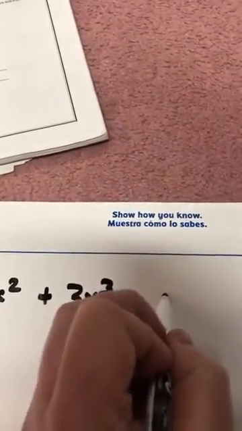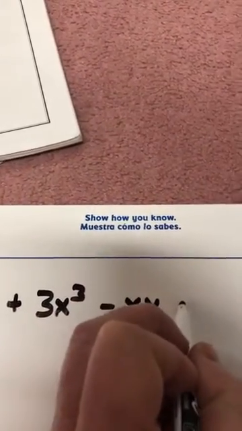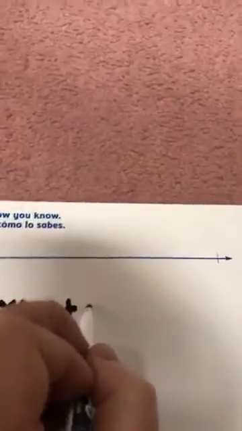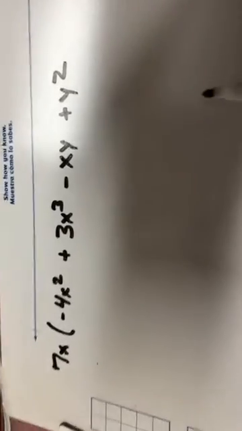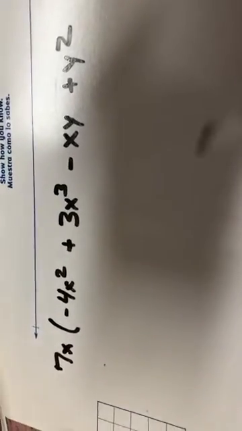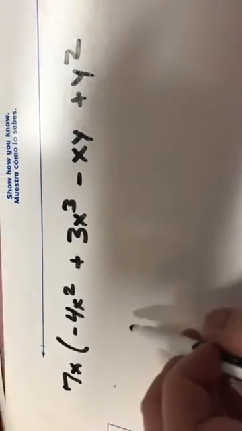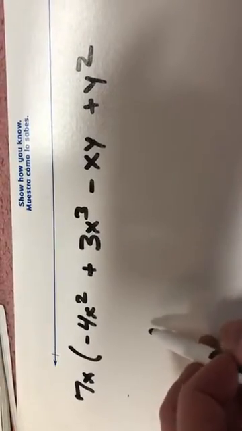Then we're going to subtract xy. Then we're going to add y to the power of 2. So we're going to kind of see that there. I'm going to turn that this way, and I'm going to hope that the video does not show it upside down. If it does, I apologize, but we'll go from there.